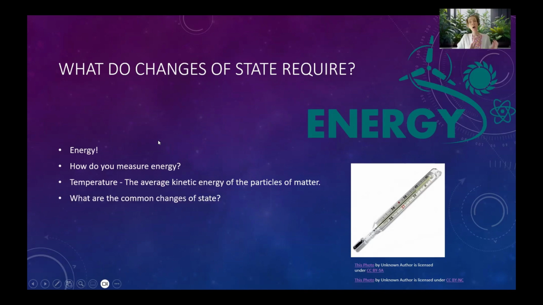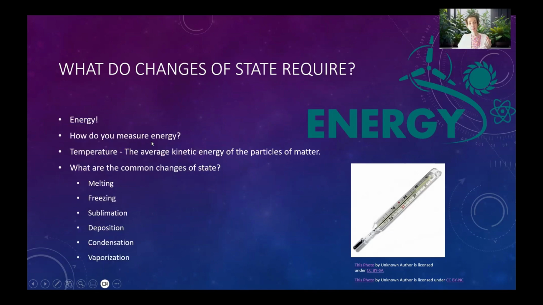So what are the common changes of state? You have to have these memorized. We have melting, freezing, sublimation, deposition, condensation, and vaporization. We're going to put vaporization and evaporation together for now, and later differentiate between the two.